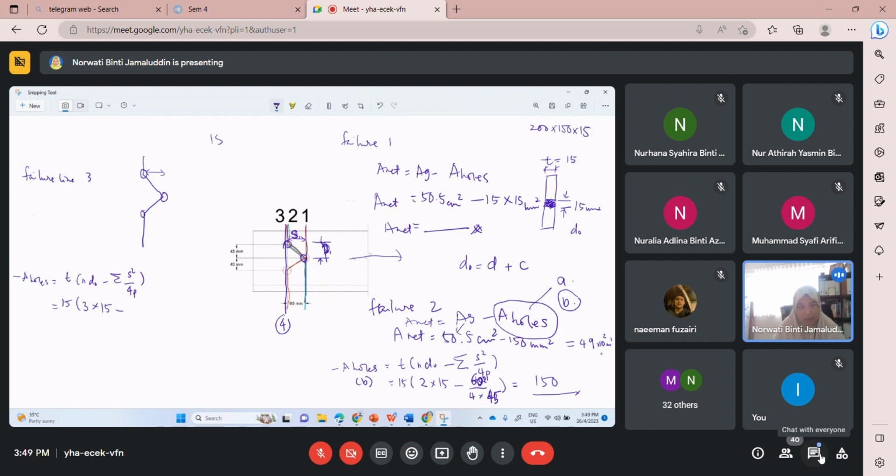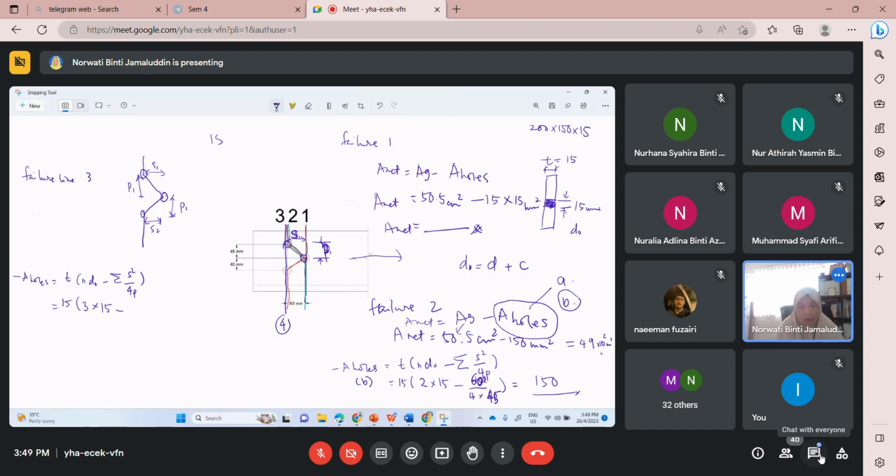This is the S1, from here to here. From here to here is another S, S2. From here to here we have P, I put it as P1. From this bolt to this bolt, this is the P2. See the summation.